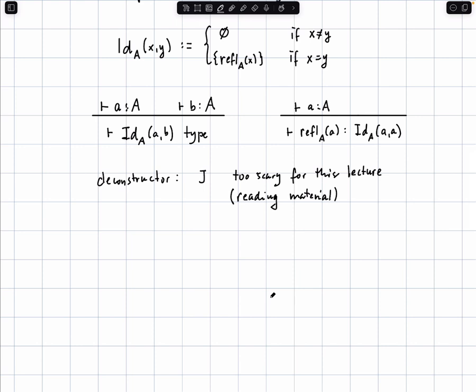That's what we should capture. Now, there is a fancy way of capturing that idea, which is if you say that equality is the smallest equivalence relation, it turns out you will capture that idea. So what this rule J says is that the identity type is the smallest reflexive relation on A.